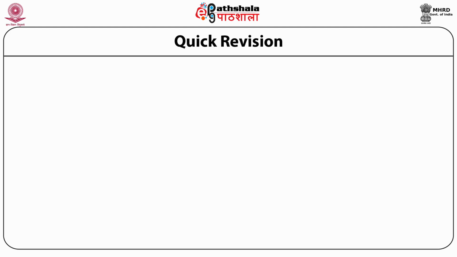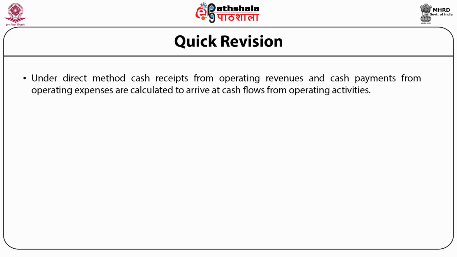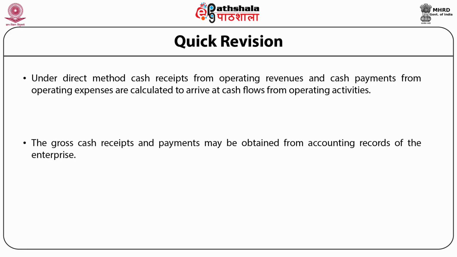Quick revision. Under direct method, cash receipts from operating revenues and cash payments from operating expenses are calculated to arrive at cash flows from operating activities. The gross cash receipts and payments may be obtained from accounting records of the enterprise.